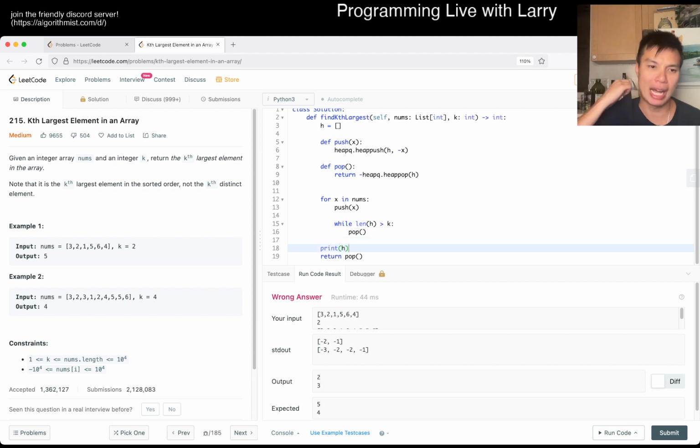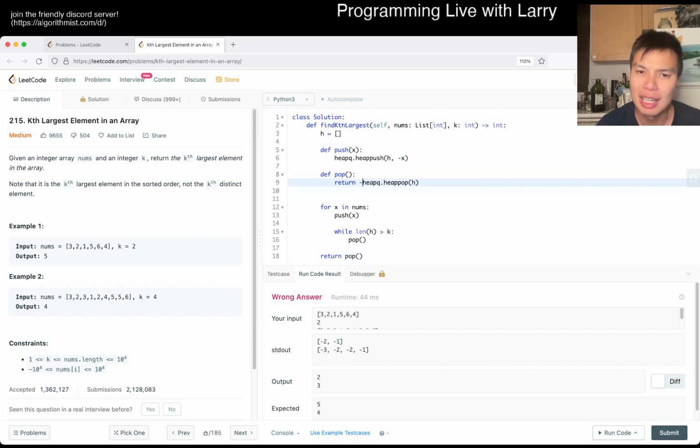So we want a max heap, right? Oh no, sorry. I said that we want a max heap. We actually want, I don't know what I said. I think I confused myself.